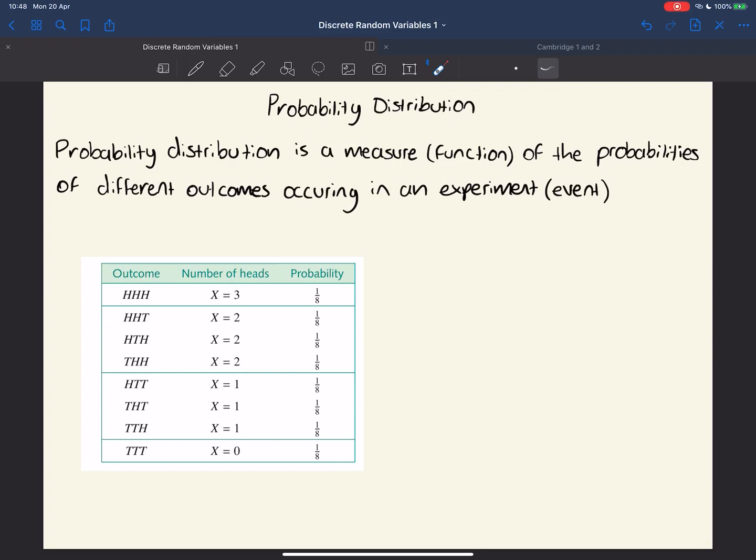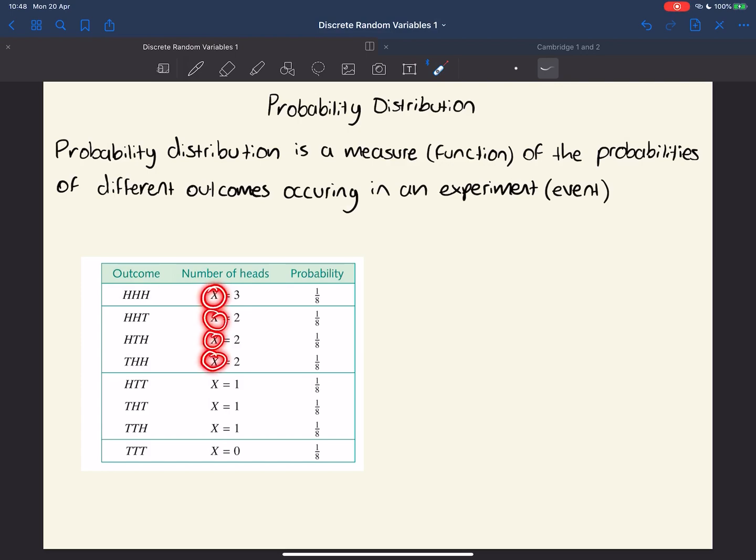Next, we have what we call the number of heads. Now, we can measure the number of heads, or we could measure the number of tails, right? This variable, the number of heads, we call x.